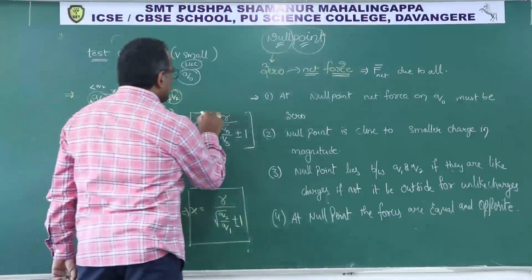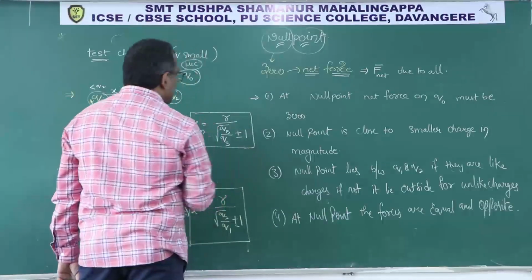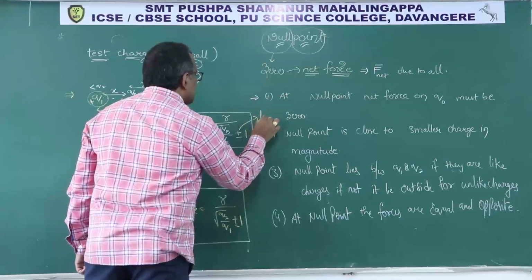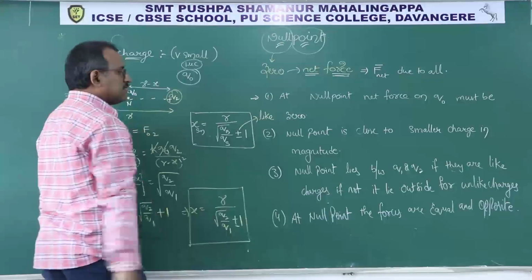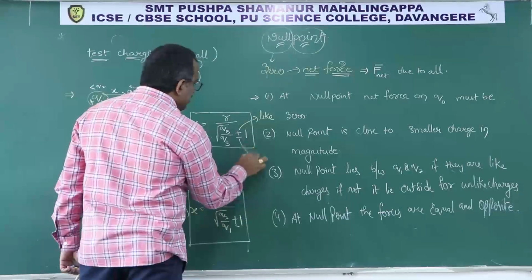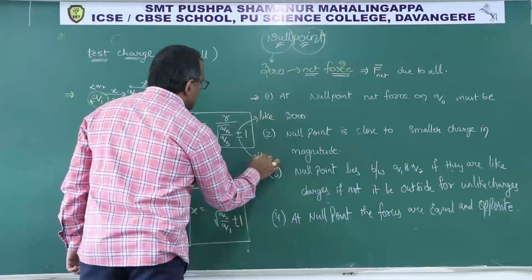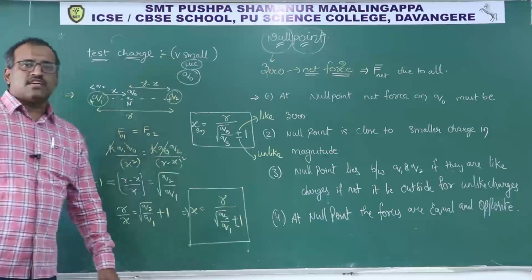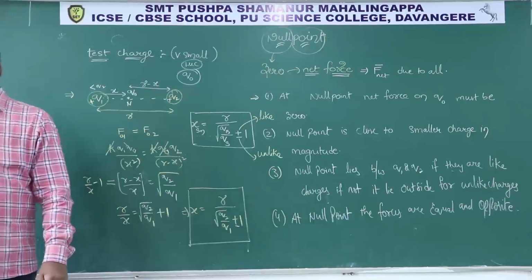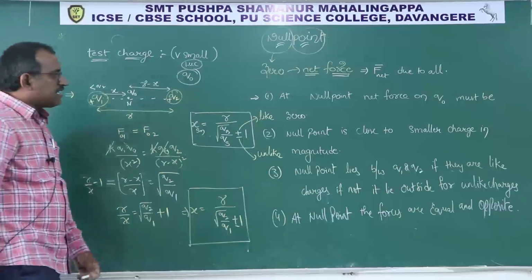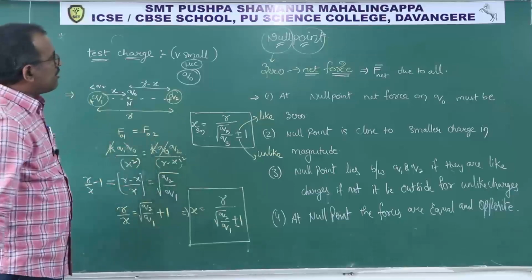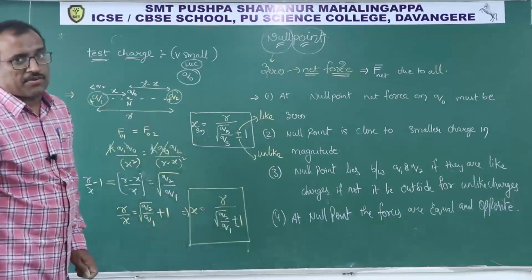This is what you have to study. And mind it, plus sign you have to use for like charges, minus sign you have to use for unlike charges. Hope you understood? Like charges and unlike charges. Clear? This is all the story about the movie Null Point.